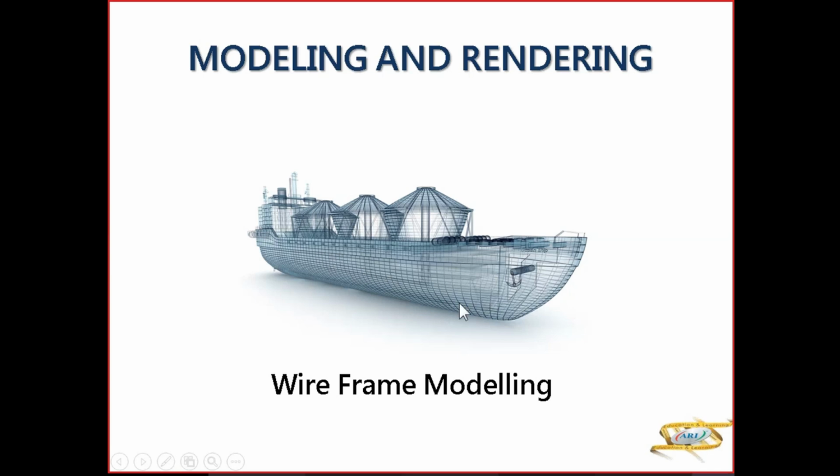These are the lines here. The other side, if you see the port side hull, those lines can also be seen. So those are the hidden lines, which are not removed in wireframe modeling. In other modeling, like surface modeling, you can't see those hidden lines. But here in wireframe modeling, you can see the hidden lines, so they become more confusing.